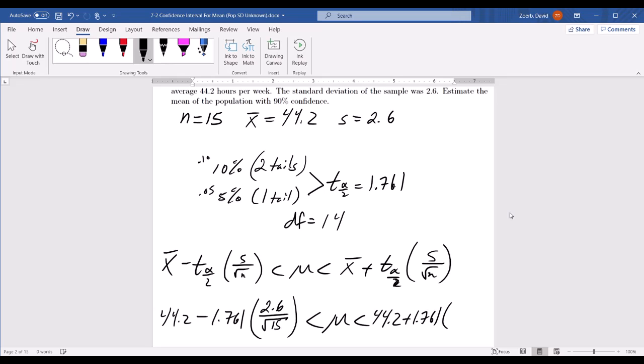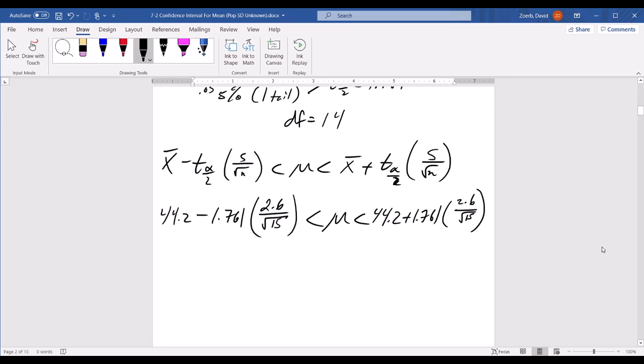And you have the same thing on the right side, except instead of a minus, you have a plus. Punch in one of these sides, it does not matter which. I'll start with the left side, and when I punched in the left side, I got 43.02. Went through and changed the minus to a plus for the right side, and that gave me 45.38.